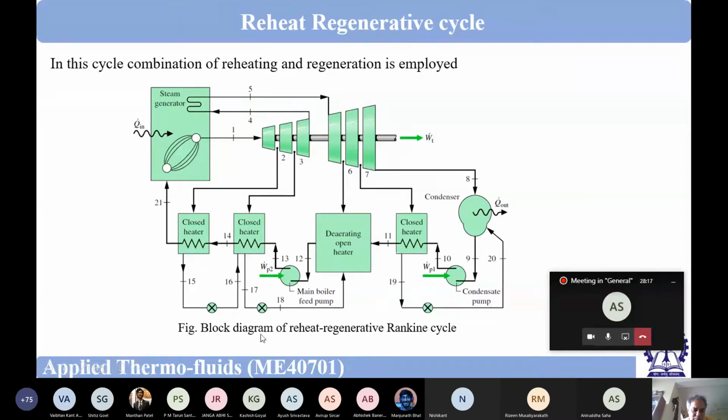There could be a throttle valve, or there is one thing, please note it down, and in my note also I will write, that it is not exactly a valve, but some mechanism which is called a steam trap. STEAM, steam, and TRAP, trap. A trap for steam. That means here we will not allow any steam to go in the backward direction. Only water will be allowed to go in the backward direction. Okay? So this is one of the arrangements for the closed water heater.